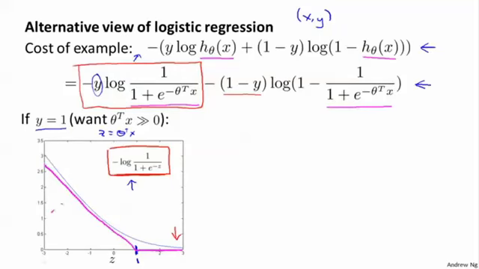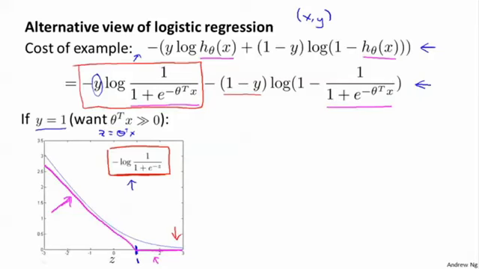So the curve that I just drew in magenta is a pretty close approximation to the cost function used by logistic regression, except that it's now made up of two line segments.